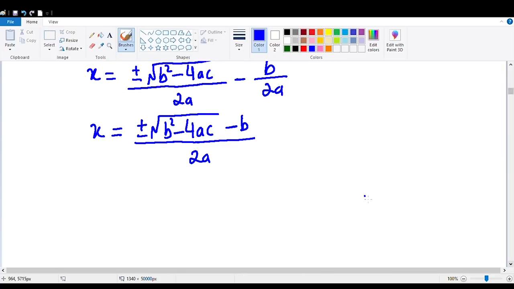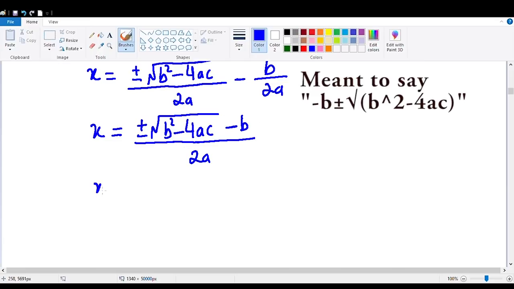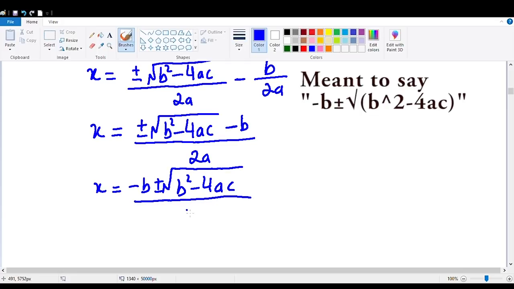And now we can also reorder this, so it'll be x equals minus b plus minus the square root of b squared minus 4ac, all over 2a. And there you have it.